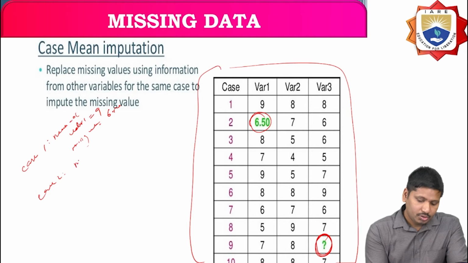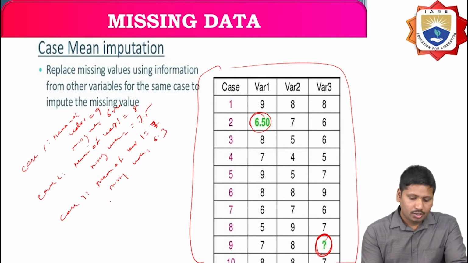Then case 2: if the mean of variable 1 equals 8, fill the missing value with 7.5. Case 3: if the mean of variable 1 equals 7, then the missing value is equal to 6.3. Break.